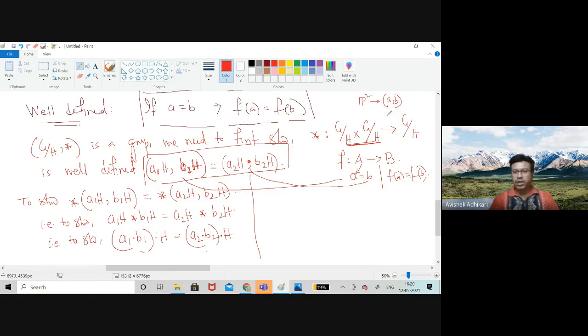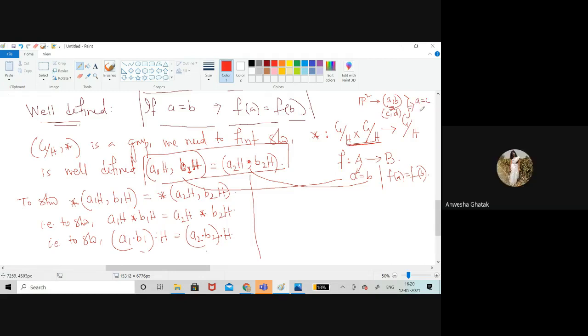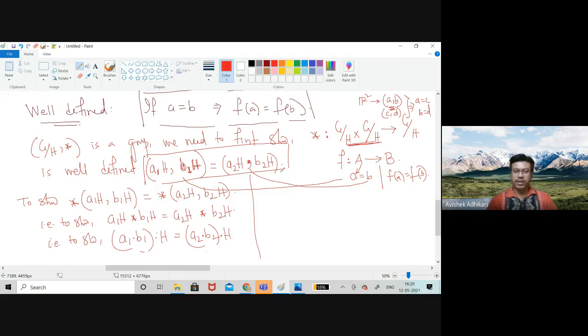Suppose in your coordinate geometry (A, B) is same as (C, D). What is your conclusion about the relation between A and B, C and D? Suppose they are equal. Then what do you say? A equal to C, B equal to D. Very good.